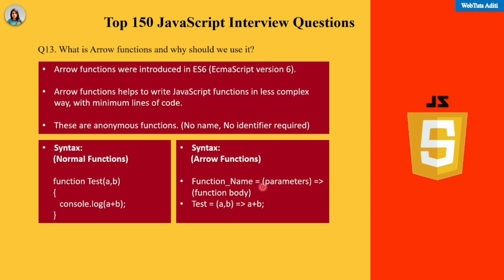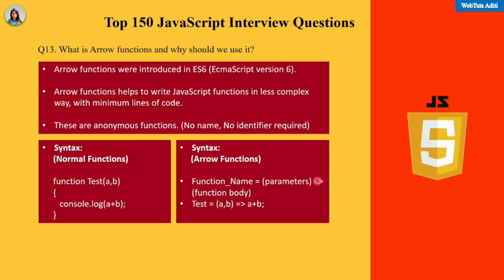Simply the function is assigned to a variable. This is the function name, you can see I have written over here. This is a variable which stores the function. After the variable we put the equal sign, and after the equal sign we pass the parameters. If there are no parameters, we simply give the opening and closing brackets, and then give this fat arrow.